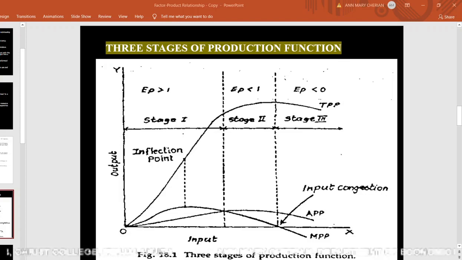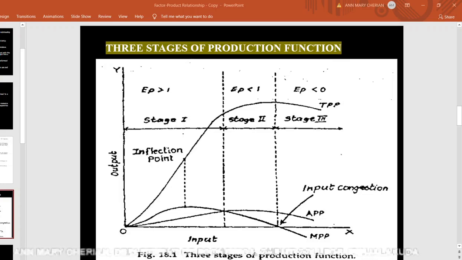So in the first stage, technical efficiency of fixed resources was increasing, as well as technical efficiency of variable resources. But in the second stage, technical efficiency of variable resources declines, but technical efficiency of fixed resources increases.